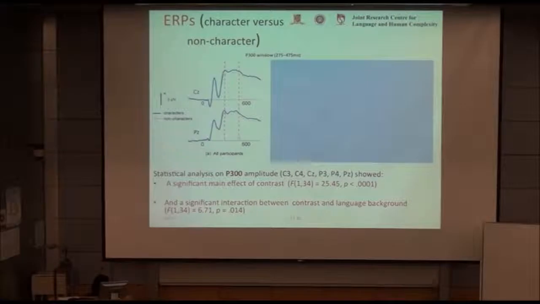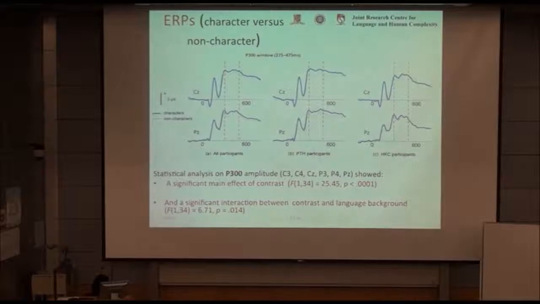The other line is for the non-characters. So actually, the brain could tell the difference, even given a very short display time. Then we divide the subjects into the Cantonese group and the Mandarin group.